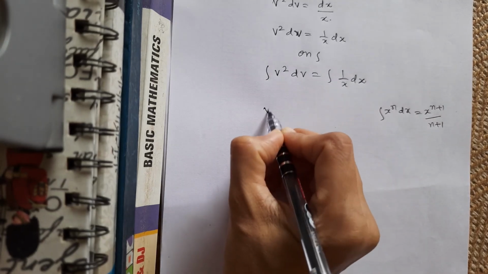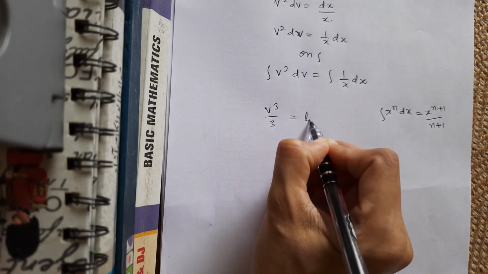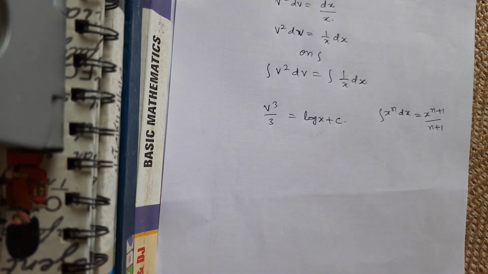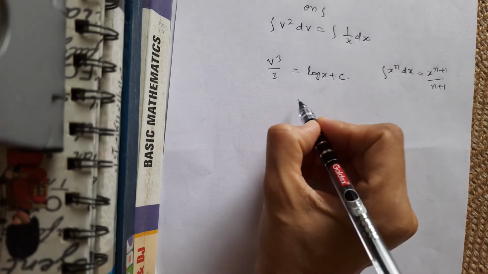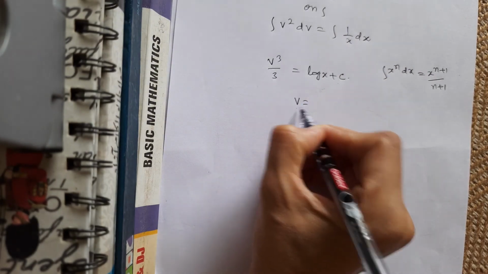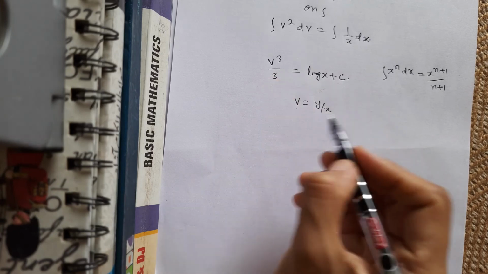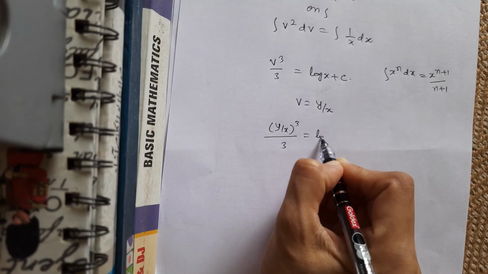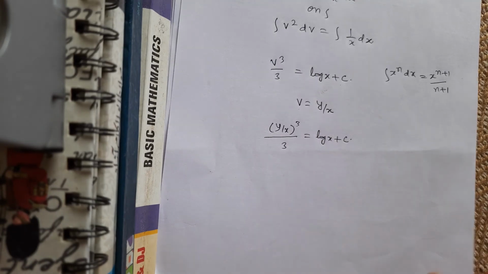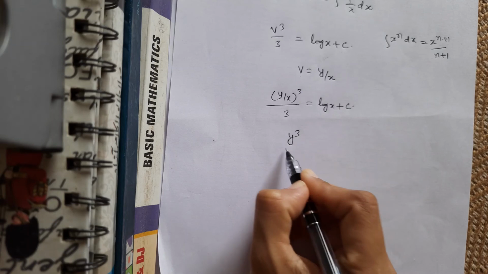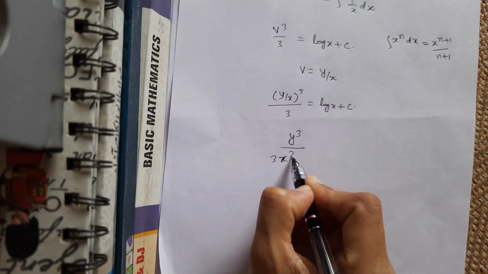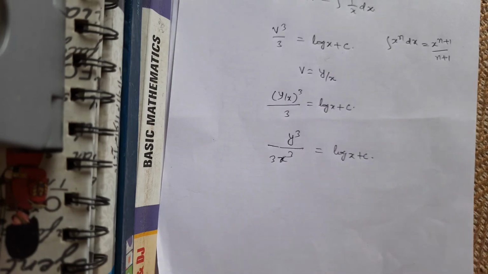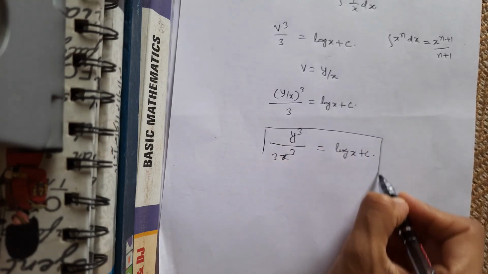So we get v³/3 = log x + c. Now we need to do back substitution, v = y/x. So (y/x)³/3 = log x + c. Simply, y³/(3x³) = log x + c. This is the solution to my differential equation.